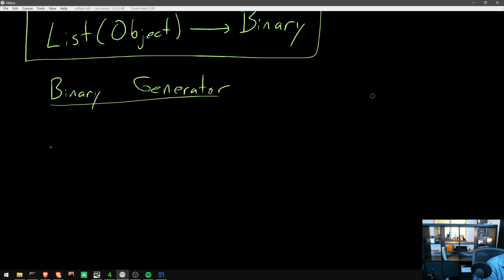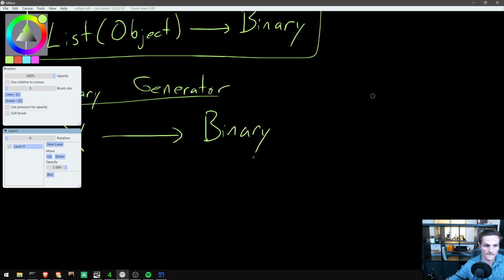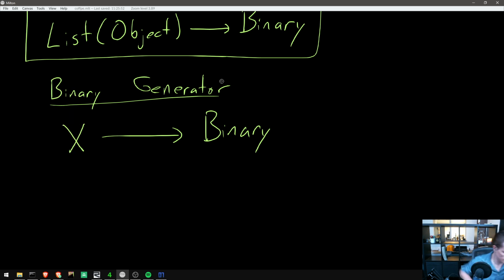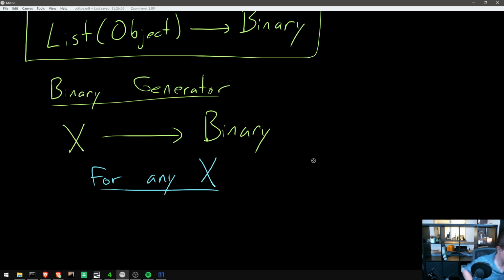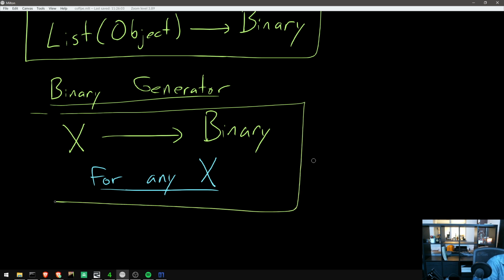It takes in anything, right? We can say like anything that takes in something or nothing. X can be, you know, whatever. For any X. Okay? So what I'm building right now is not a linker because I don't take in object files and piece them together, but you can see the similarity, right?